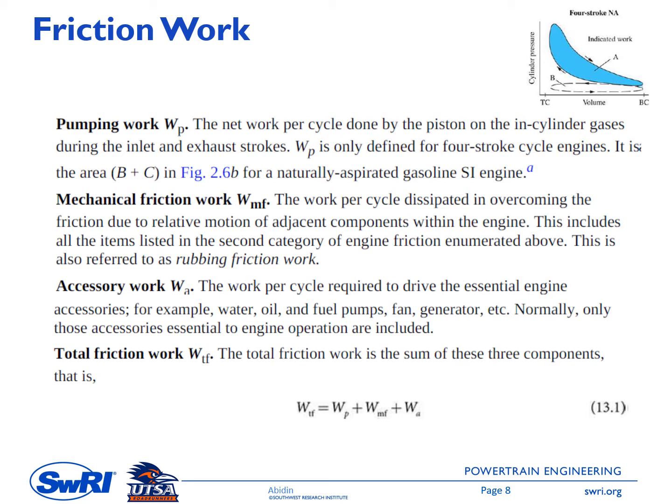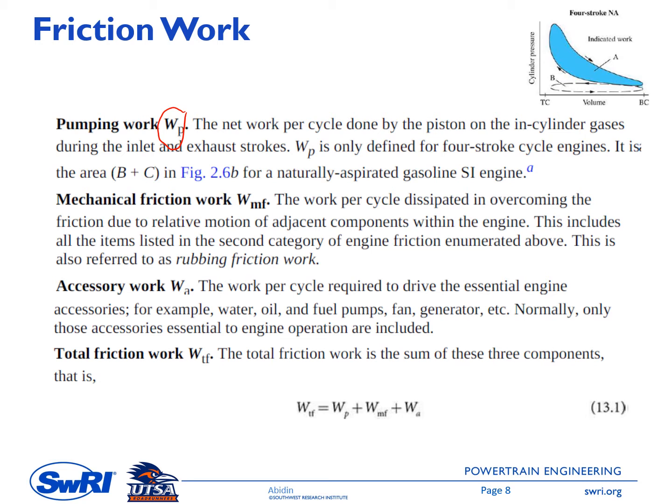This is the terminology that will be used in discussing engine friction in this reference book. The first one is pumping work, or WP. This is the net work per cycle done by the piston on the in-cylinder gases during the intake and exhaust stroke.